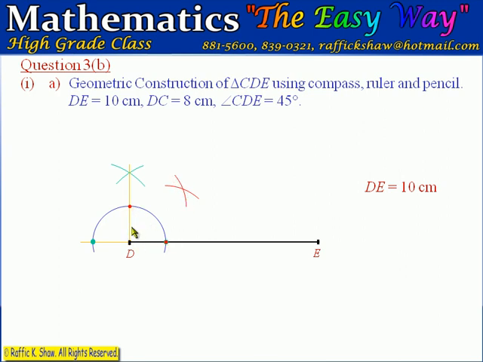So we're bisecting now this 90 degrees, and a straight line through here now from D through the intersection of these 2 arcs will make our 45 degrees that we want.